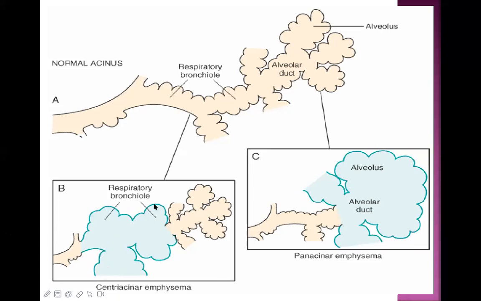Very easy to understand. Now panacinar means almost the whole of the acinus is affected, even the respiratory bronchiole, alveolar duct, and alveoli. And distal acinar, which is not shown here, if only this part is involved, it is called distal acinar. And patchy means maybe a small area here, a bit here and here, so an irregular type of distribution.